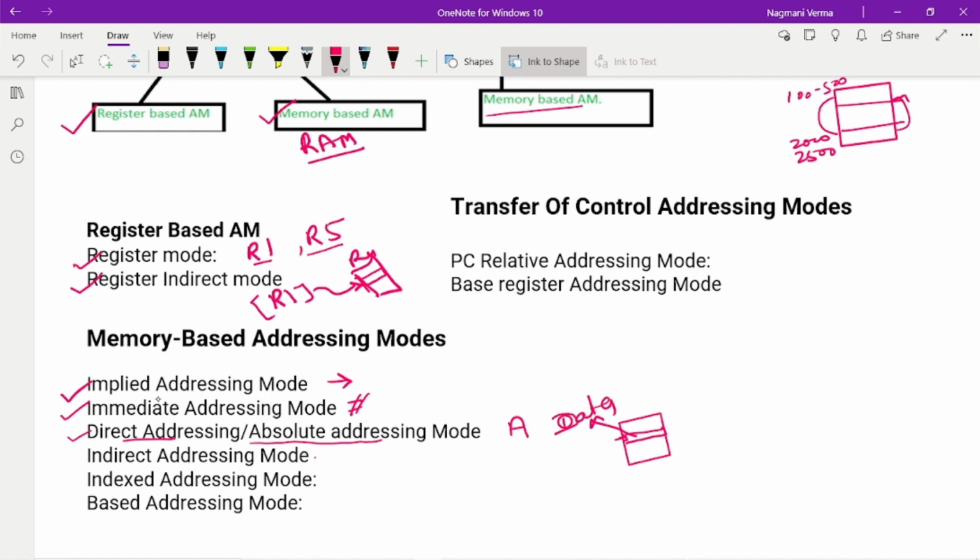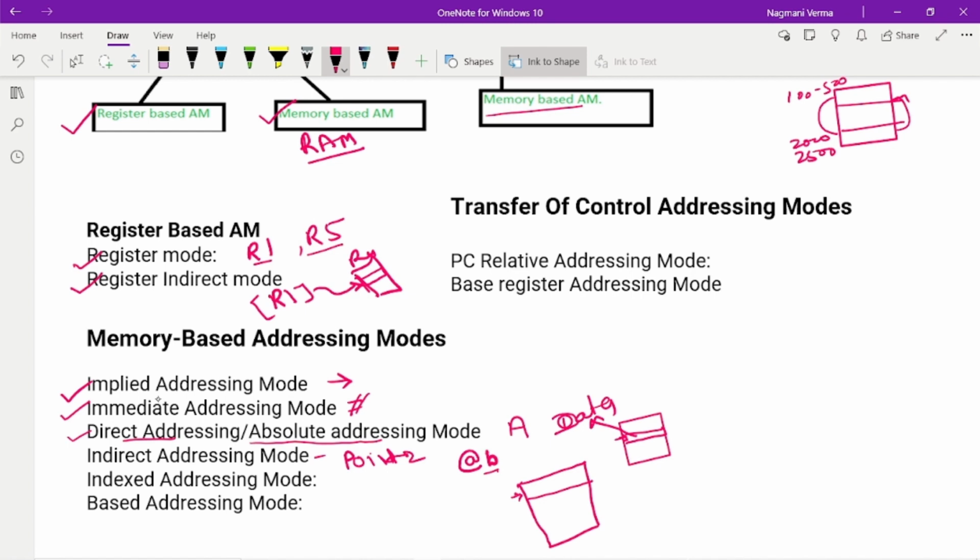Okay, indirect addressing mode. What will happen? It is using a pointer. You will give the address, for example B. So they will go to the address of B, and this is for example the value.